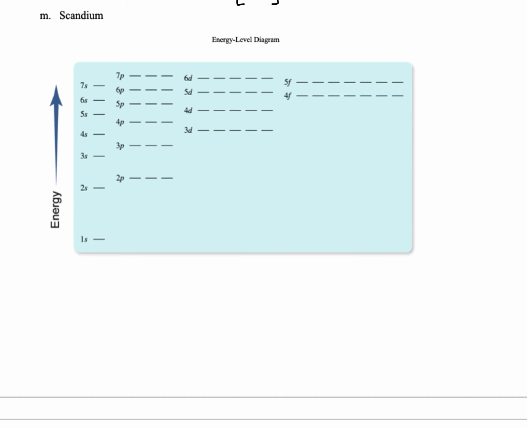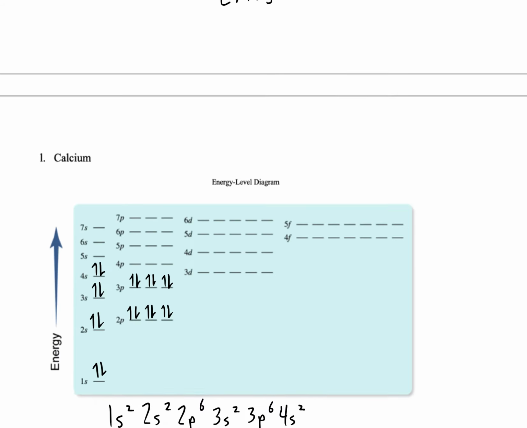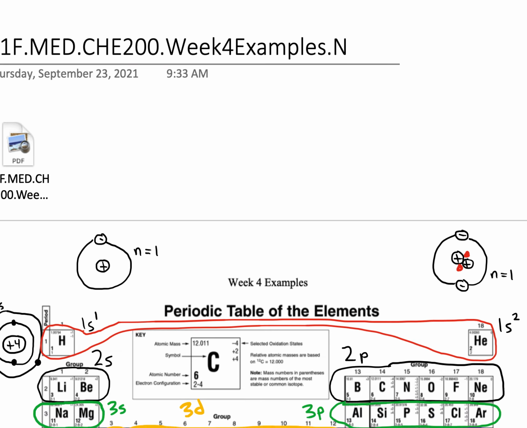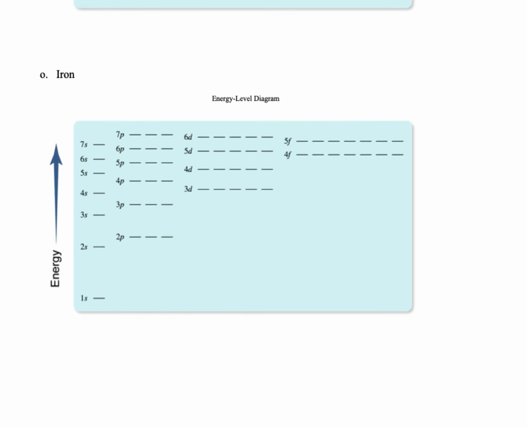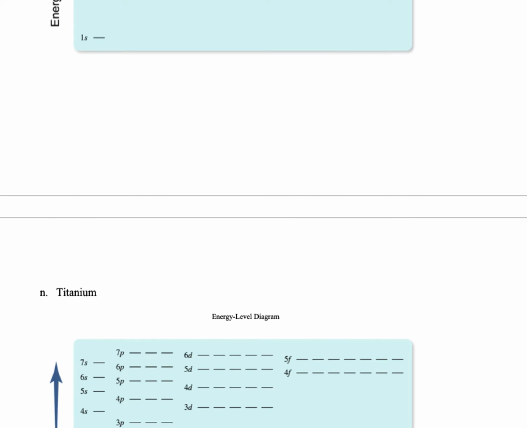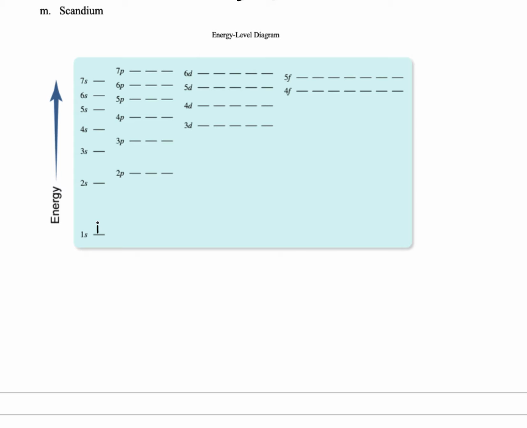Okay, when we go on to scandium, we'll see that it's in an unusual position in the periodic table. Scandium is found here at the start of the 3d subshell. So a neutral scandium will have everything that a neutral calcium has, but with one extra electron in the 3d subshell. So let's draw the diagram for calcium first, and we'll see if we can just add one more electron.